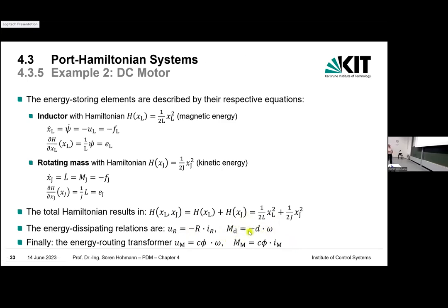Again, sign convention due to our direction convention. Finally, we have routing elements. What is routing? Routing is the connection: Kirchhoff's voltage and current laws, Newton's law, and a transformer, which we have because the DC machine itself acts as an effective transformer.